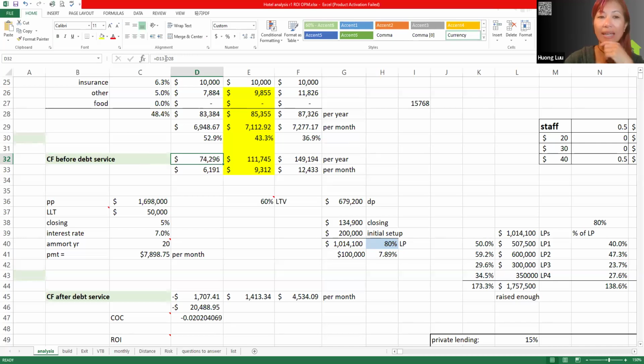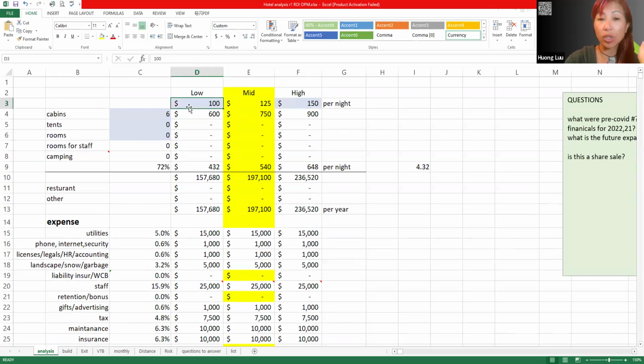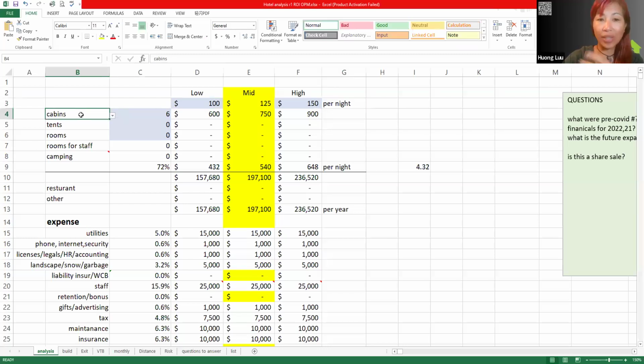The calculation for that is just all of the income minus all the expenses, before debt servicing. In this example, I'm making between 6,000 to 12,000. So there's a huge range there, and the reason for that is this low and high range on the fee that I would be charging per night on these cabins.